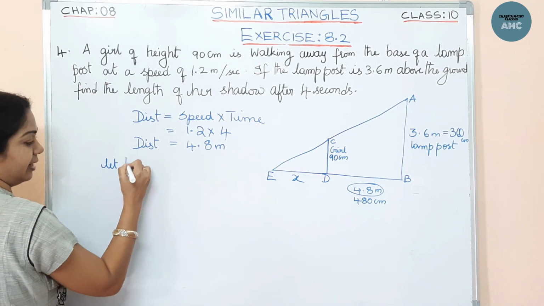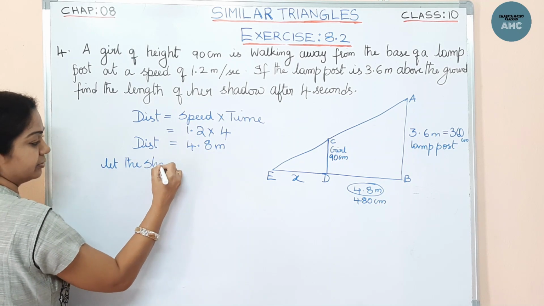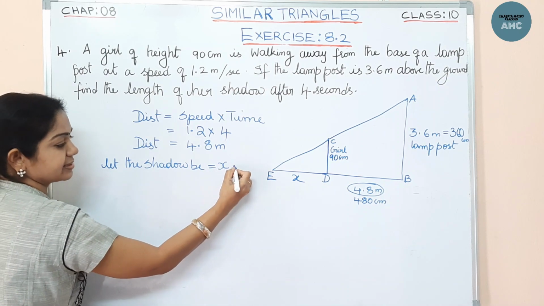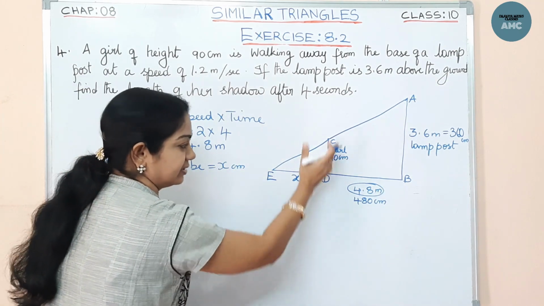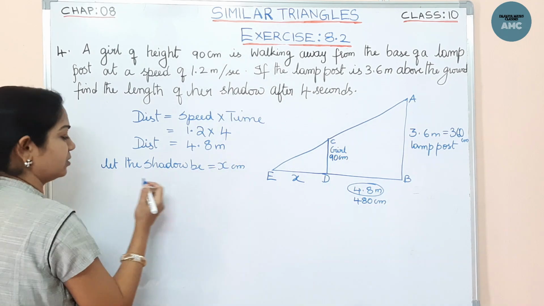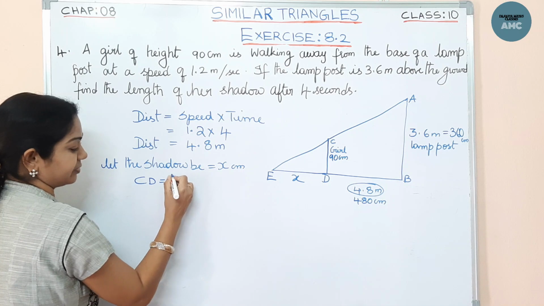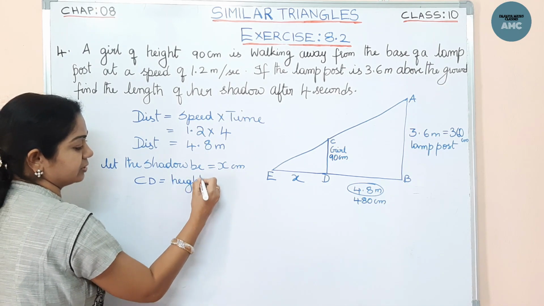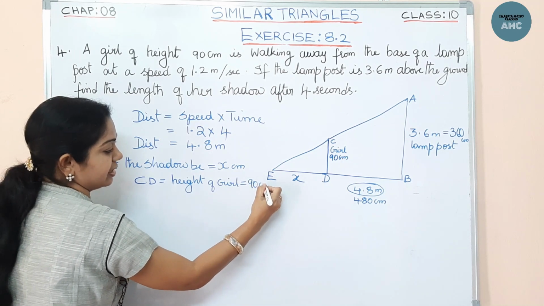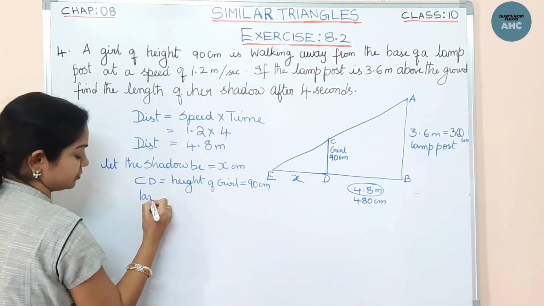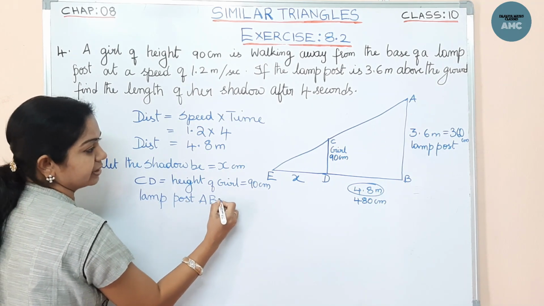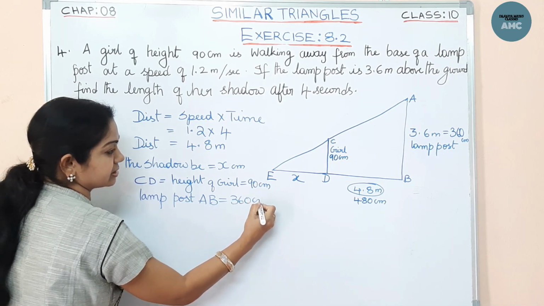Let the shadow be X centimeters, because we are calculating everything in centimeters. Now CD is the height of the girl, that is 90 centimeters, and the lamp post I have mentioned as AB. So that is 360 centimeters.